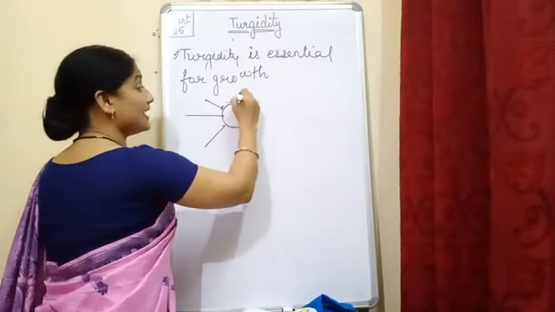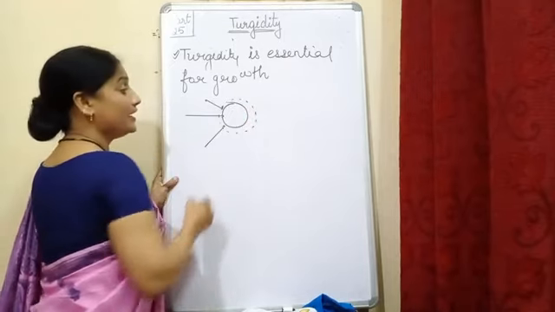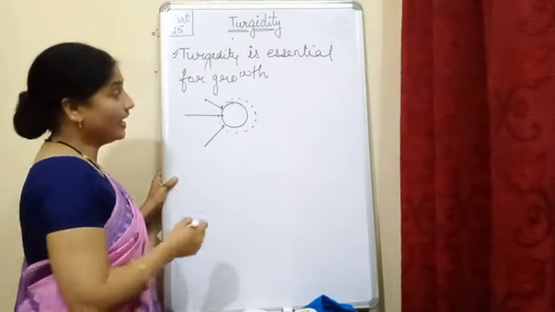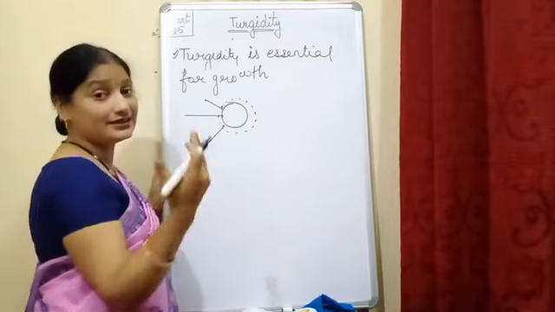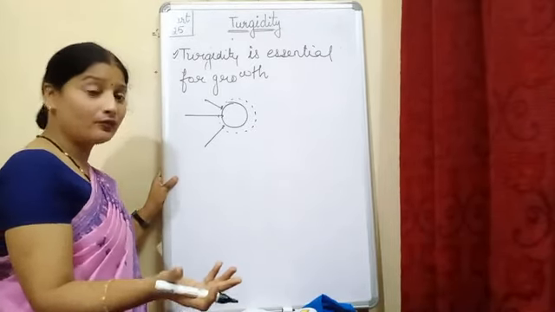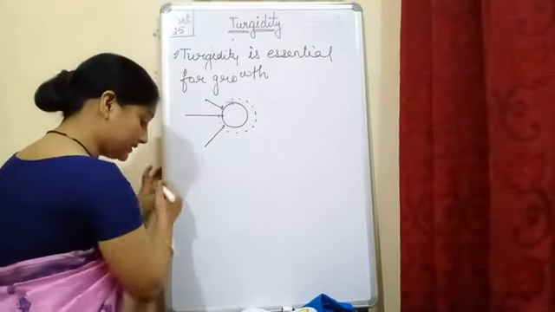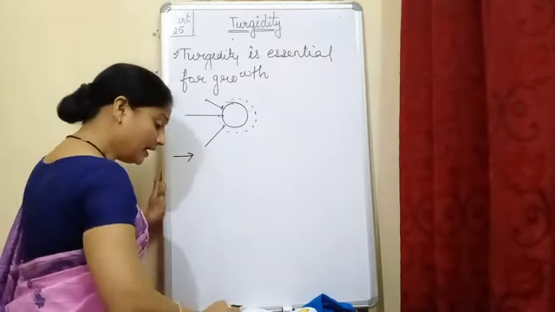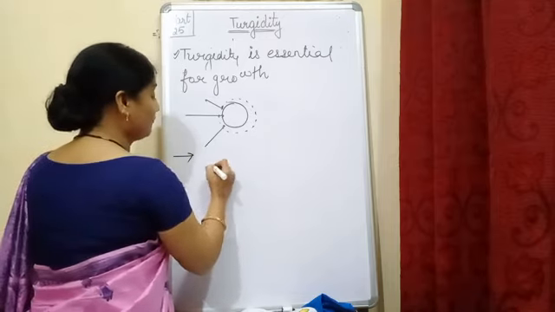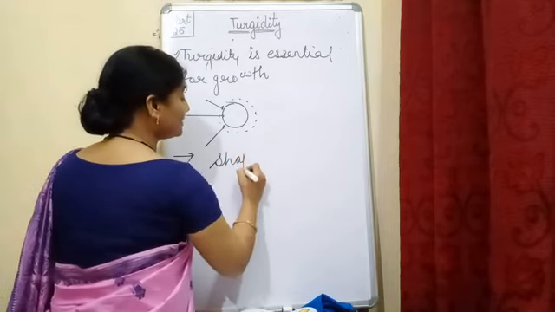Once again, the cell will swell up. It will increase in size, and as it is increasing in size, it means it is growing. And we can say that it is essential for growth. One more significance: it is responsible for the shape of the cell.